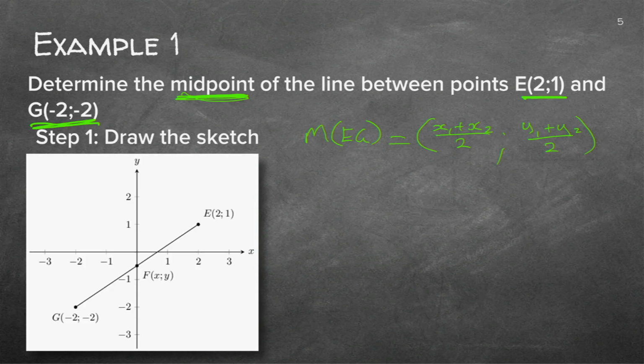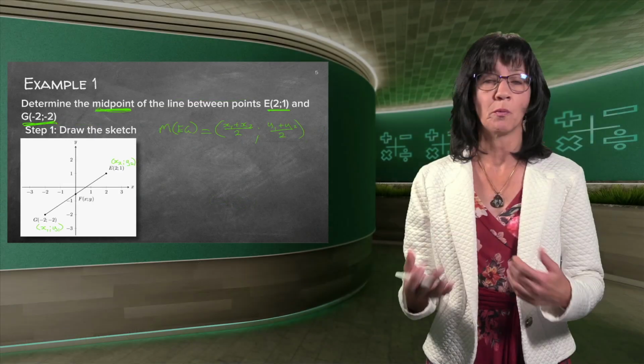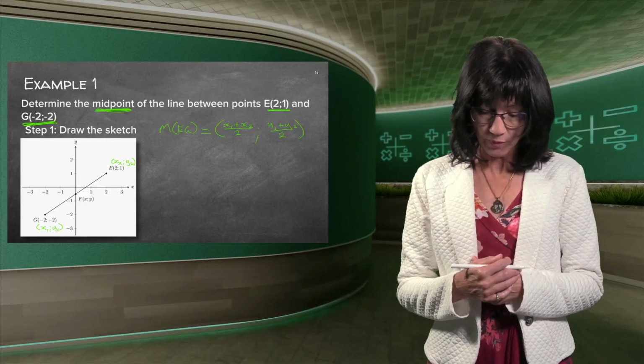Good. Now let's see what they've given me. They've given me the points E and G, so I'm going to, again, as I normally do, allocate a name: x2, y2, x1, y1. Now you probably wonder why I did it this way around. It really doesn't matter which way you do it, as long as you know which point is which.